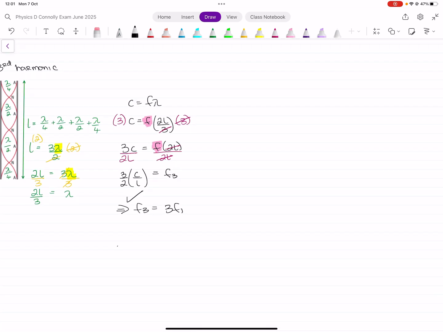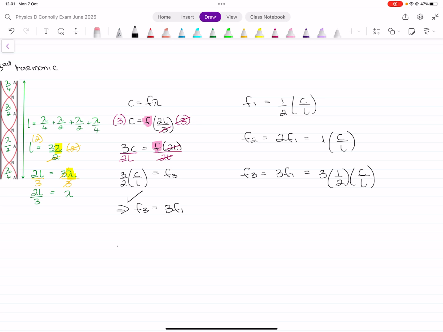Okay, so the first harmonic was a half C over L. The second harmonic was twice this, so it was 1 C over L. And the third harmonic was 3 times the first. So it was 3 times a half C over L. Does that make sense?